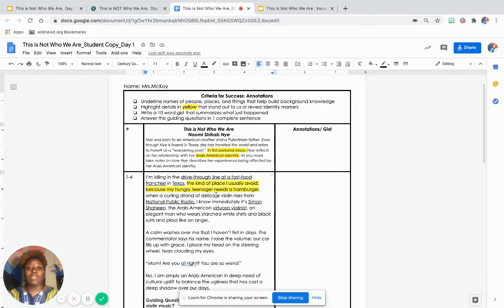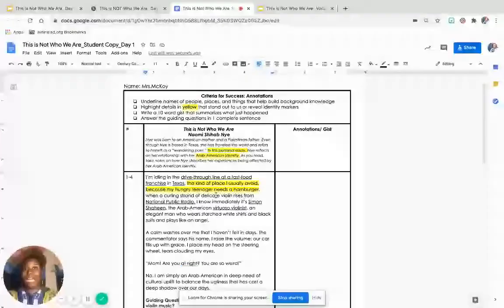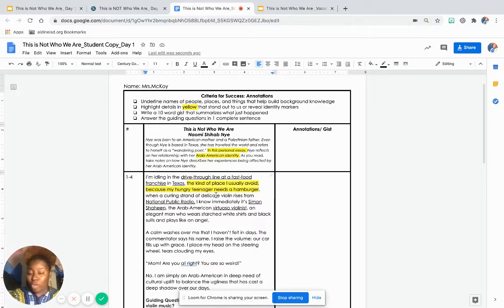It also stands out to me because, even though I do eat at fast food restaurants, I try to avoid them, especially when it comes to my own children, because it's not necessarily the best thing for you. And like I said, it does help us to understand a little bit about Naomi because it tells us that she usually doesn't eat out.